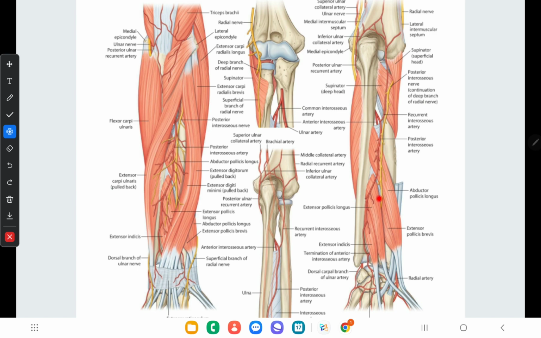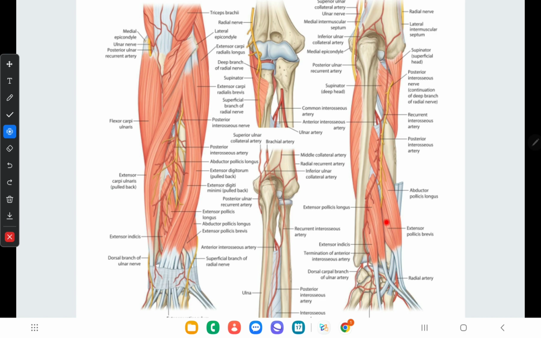This posterior interosseous nerve accompanies the posterior interosseous artery in the posterior compartment of the forearm. You can see, the posterior interosseous nerve gives branches to extensor digitorum muscle, extensor digiti minimi muscle, extensor carpi ulnaris muscle, then the deep muscles: abductor pollicis longus muscle, then extensor pollicis longus muscle, then extensor indicis muscle, extensor pollicis brevis muscle.